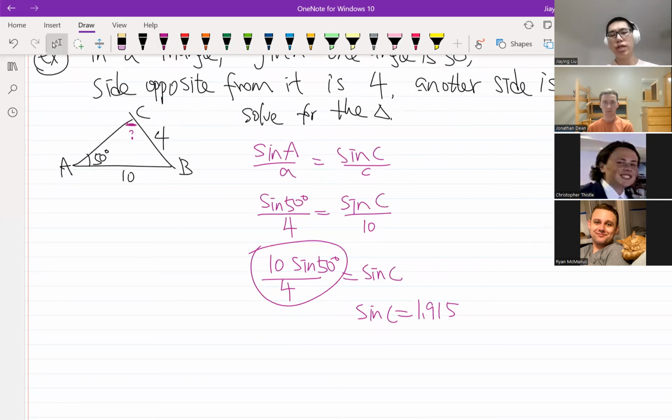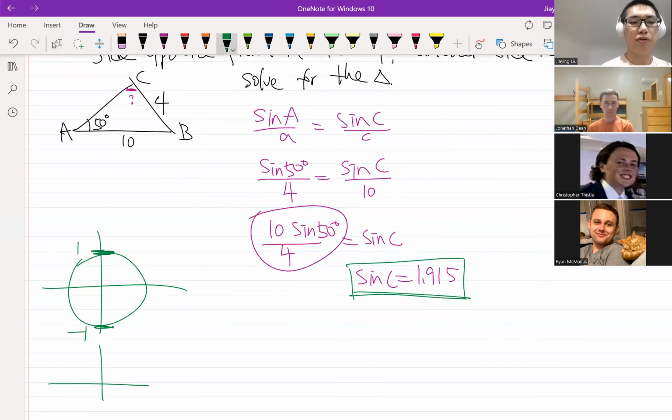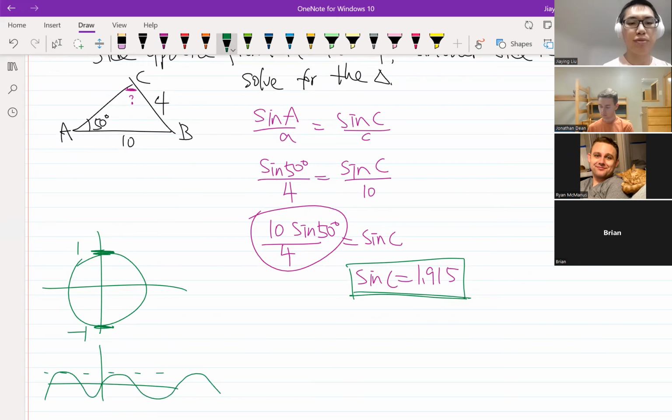Okay, so let me know what you think. If you see that sine C equals 1.915, that should be something jumping into your mind. It's like, oh, that doesn't look right. Because if you remember for the sine function or unit circle, the maximum sine is going to be 1 and the minimum sine is -1.